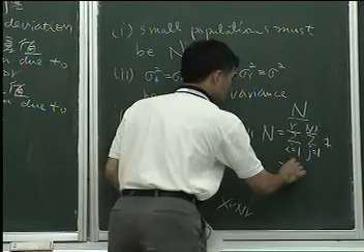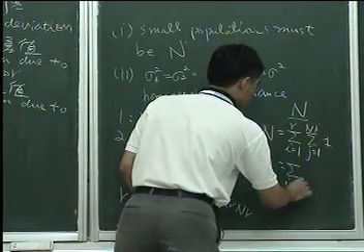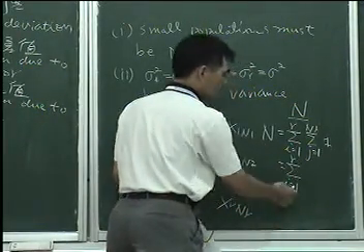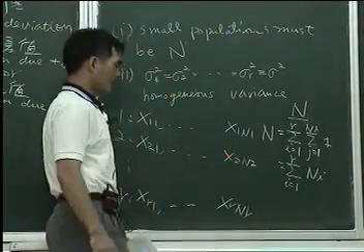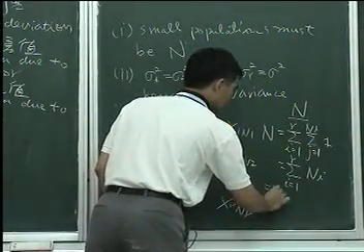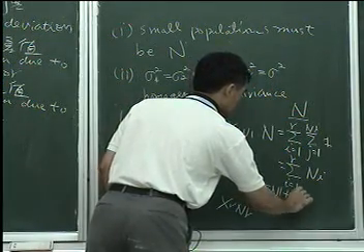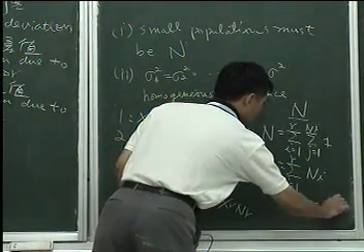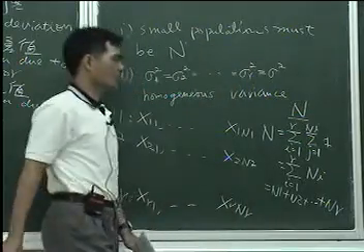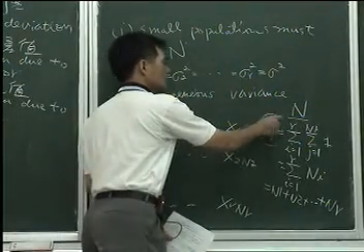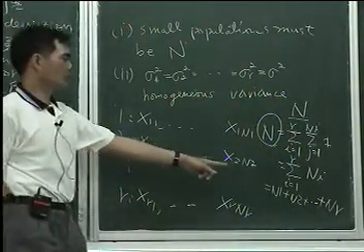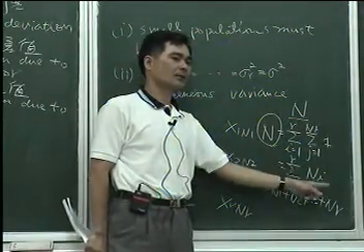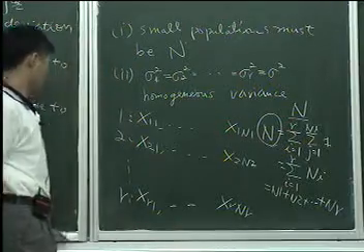So what do you get? You get the summation i from 1 to R of Ni. And so from here, you get N1 plus N2 plus up to Nr. So the total number is N. And for each machine, you have Ni.